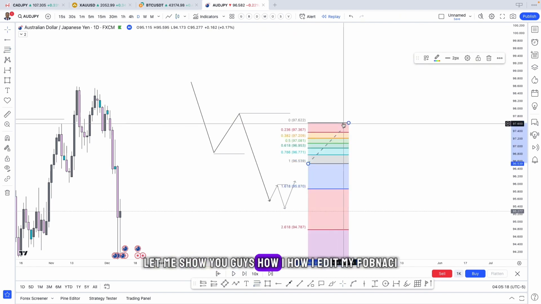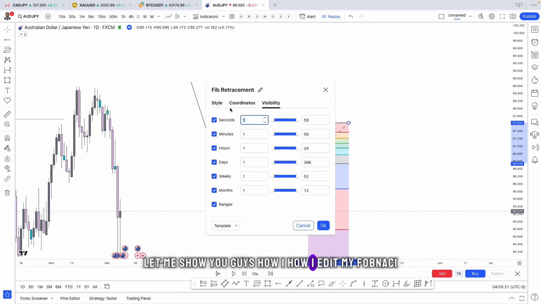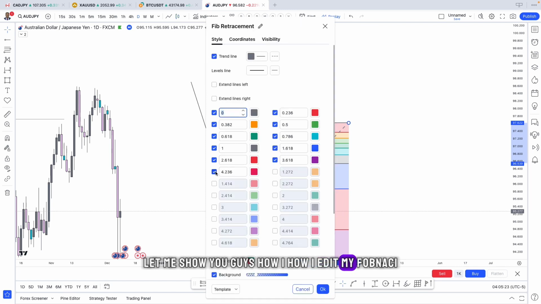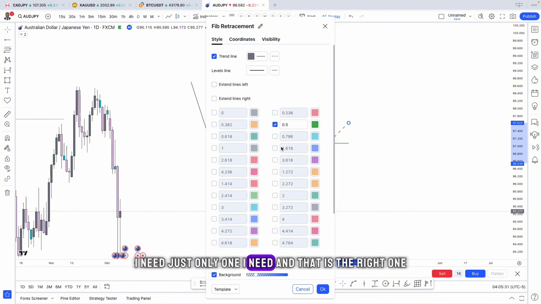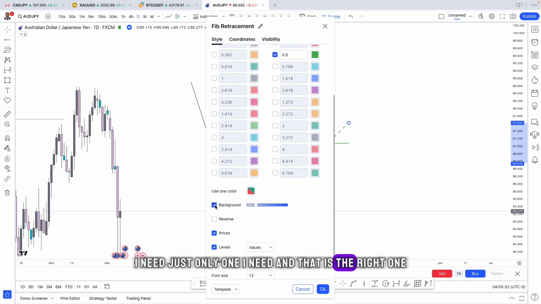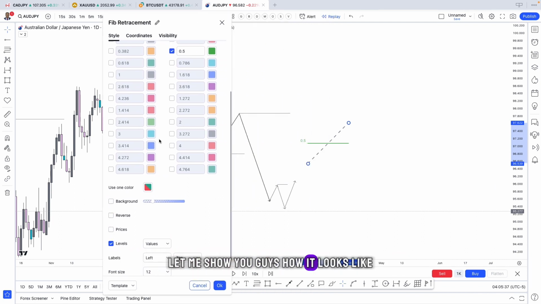Let me show you guys how I edit my Fibonacci. I need just only one, and that is the red one. I don't need this, I don't need this. Let me show you guys how it looks like. I don't need the price, okay. I don't need the levels.